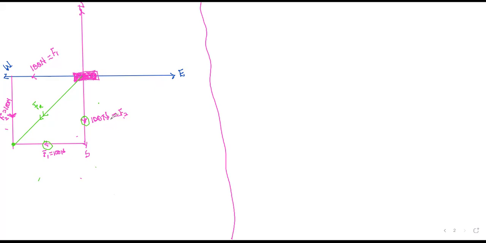Then next, since the three forces create a kind of right angle triangle, you determine their resultant using Pythagoras theorem.